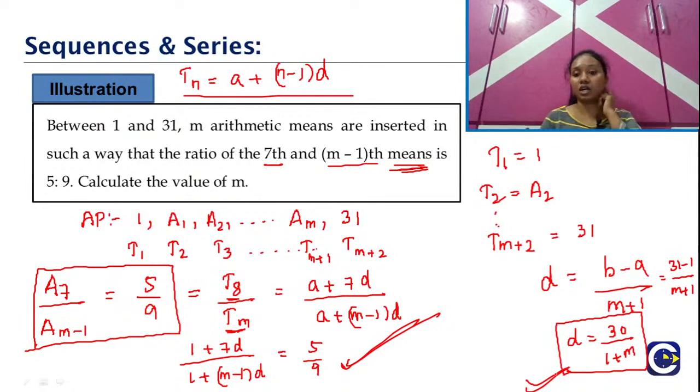Here we just find the common difference using the formula, which is equal to 30 by (1 plus m).